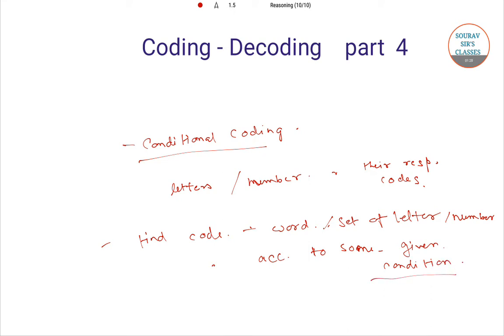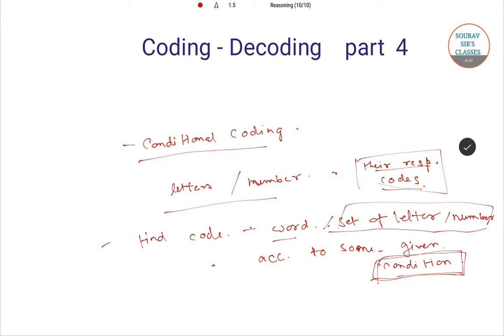So apart from the letters or numbers and their respective codes, we are also given some set of conditions, and we have to find the code of a word or some set of letters or numbers according to these codes and these set of conditions.